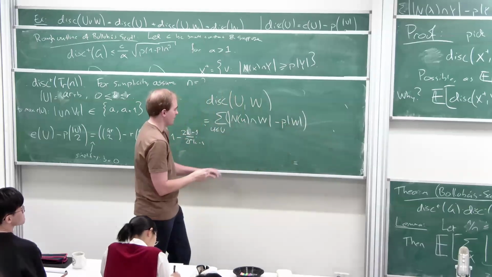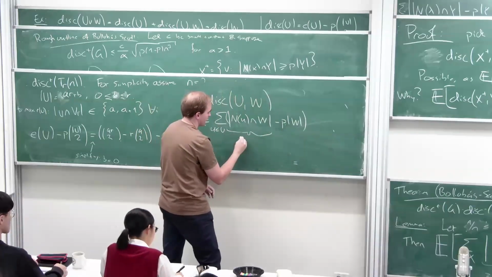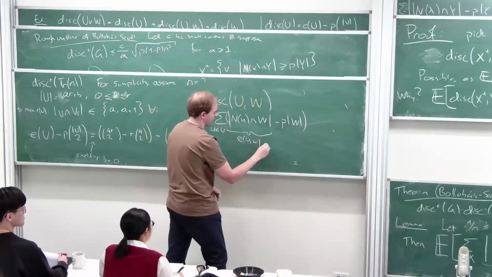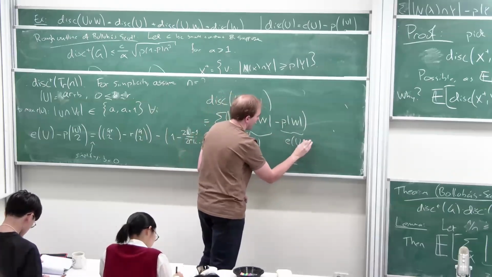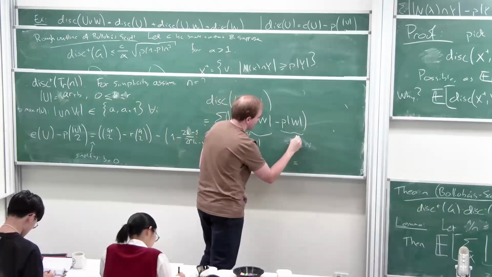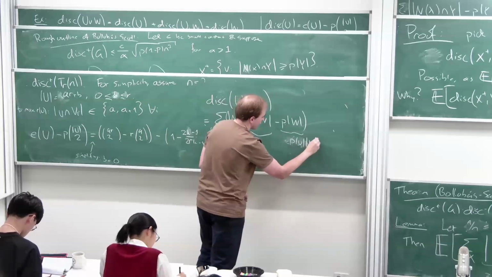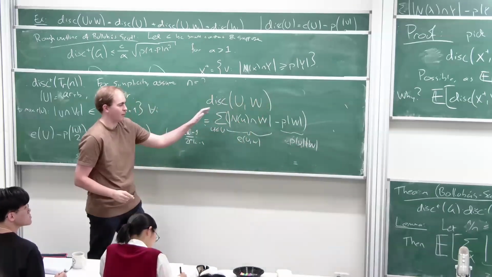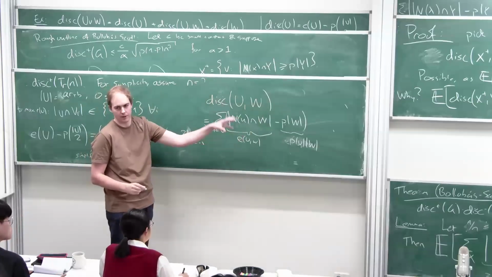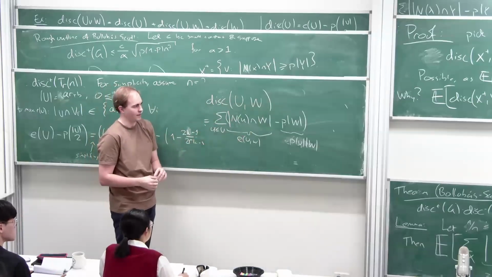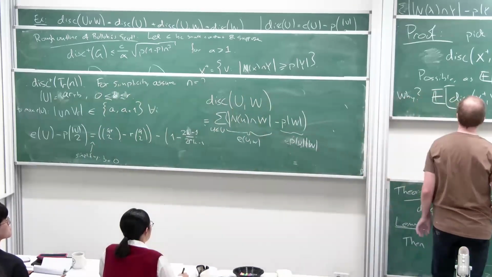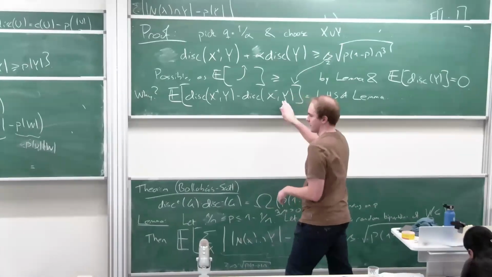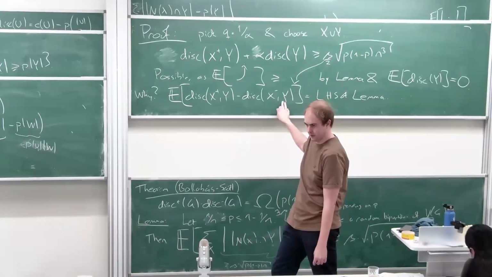Because if we sum these terms, they give us exactly the edges between those two sets. And when we sum these guys, this gives us p times u times w. And now when we add absolute values around it, we get the statement of the lemma. And we can do that because here we have gathered those terms where every term is positive, and here we have gathered every term where the terms are negative.